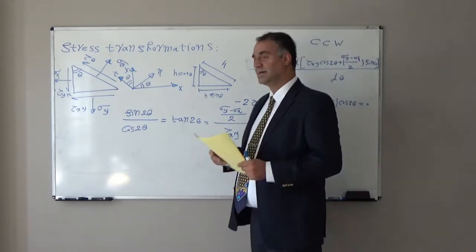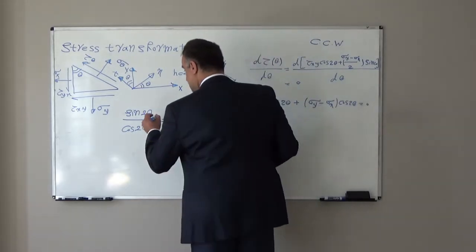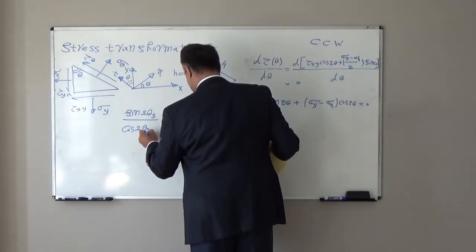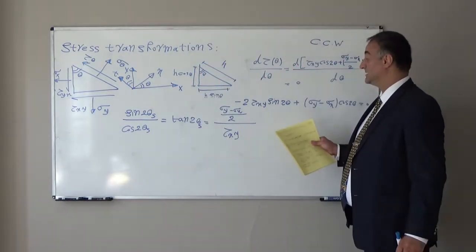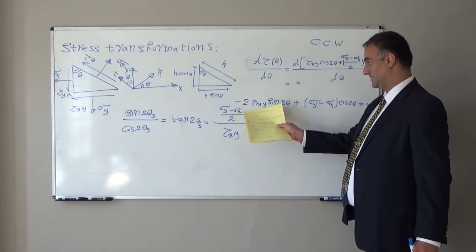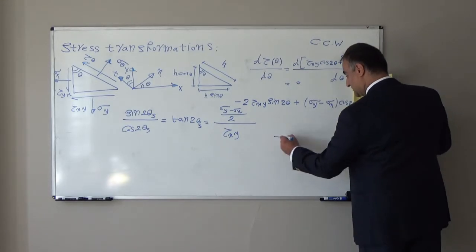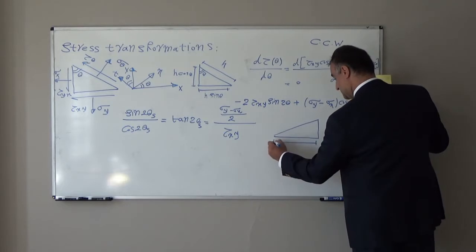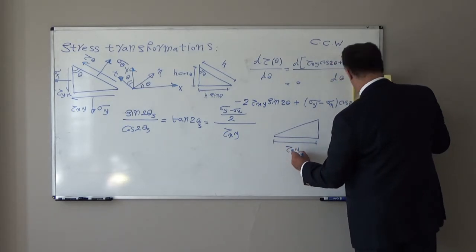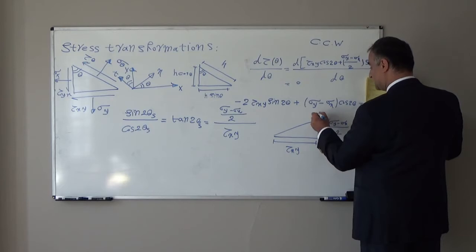Because this theta will give us the maximum value for shear stress, I show that with theta and this s. So tangent 2 theta s is equal to sigma y minus sigma x divided by 2 over tau xy. So if we have one triangle, this is tau xy, this is sigma y minus sigma x over 2.